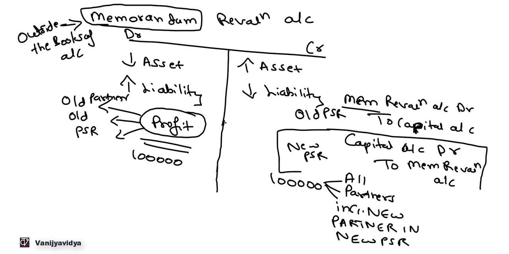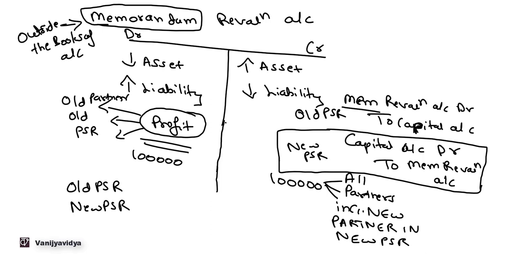a memorandum revaluation account. Now what has happened here is, if there is a profit, this profit was shared among all the old partners in their old profit sharing ratio, and then the reversal entry for the profit was debited to the capital account in the new PSR.